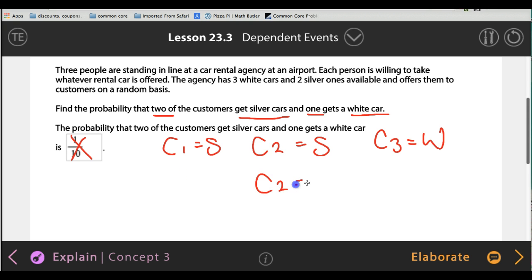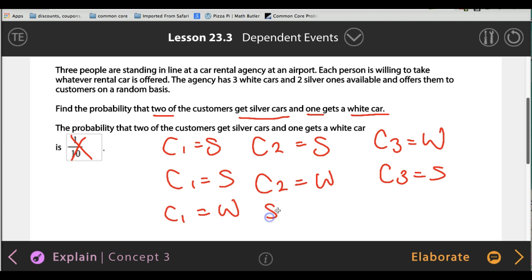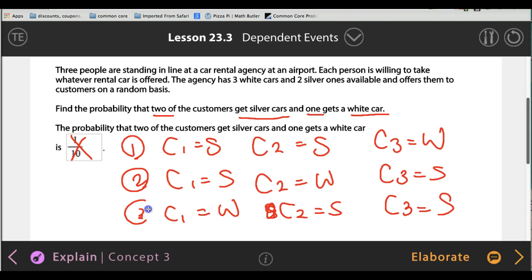customer number 2 gets a white car, and then the other 2 customers get silver, right? Or it could be that customer 1 gets the white car, and then customer 2 gets silver, and customer 3 gets silver. Okay, so it doesn't say in what order. So it could be this one, or that one.